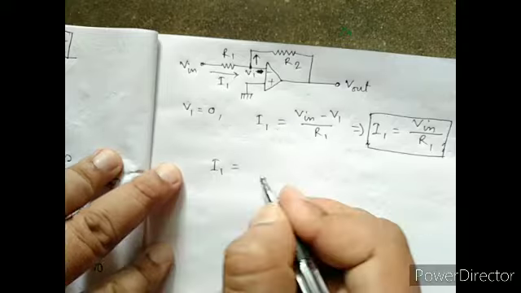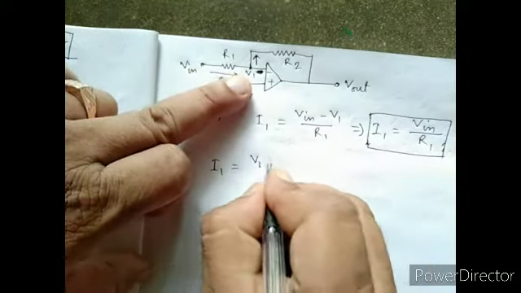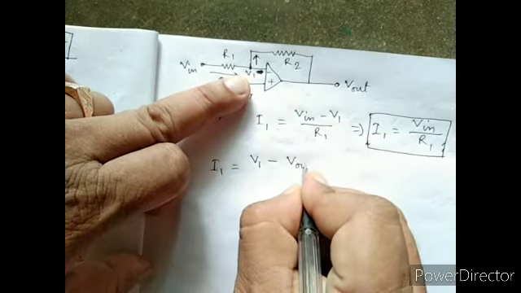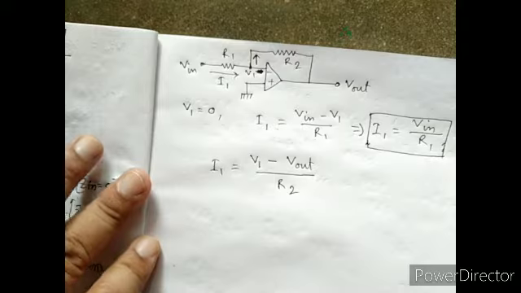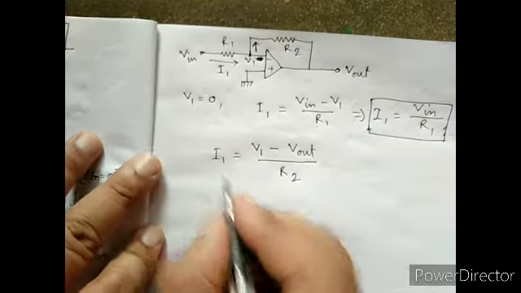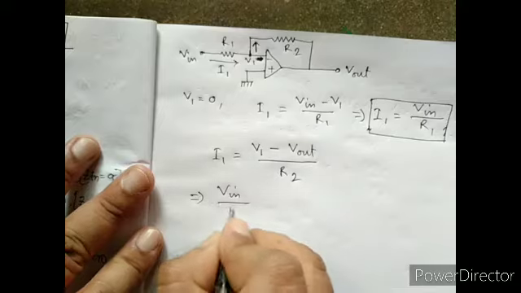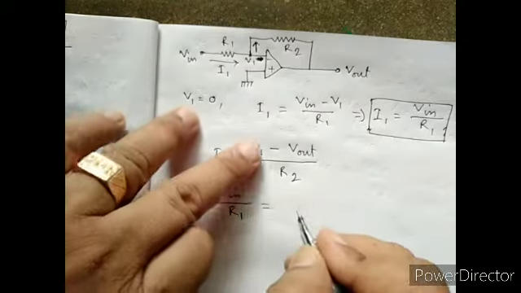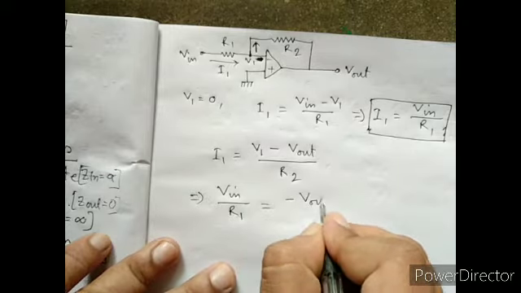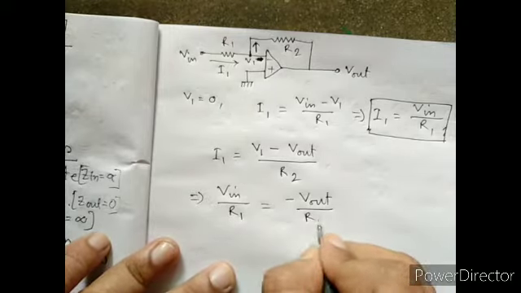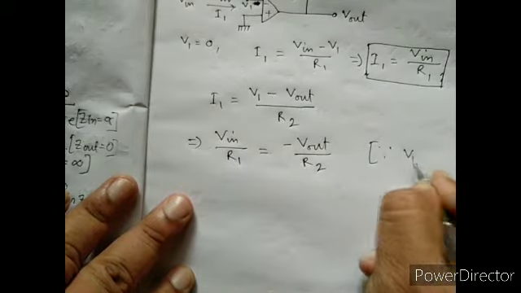So I1 equals to V1 minus V out by R2. Now I1 equals to Vin by R1, V1 is nothing but 0, so minus V out by R2.